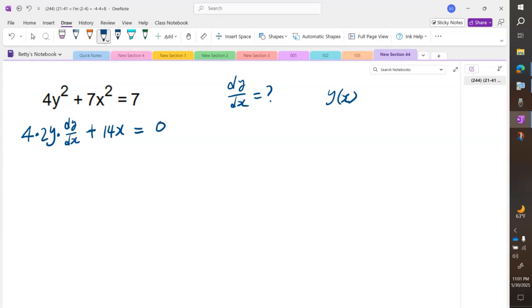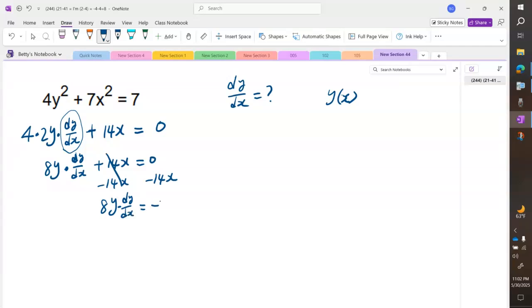So now we are going to solve this equation for dy dx. Simplify. 4 times 2 is 8y. 8y times dy dx plus 14x equals 0. Minus 14x on both sides. 8y dy dx equals negative 14x.